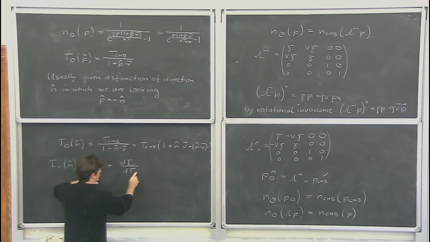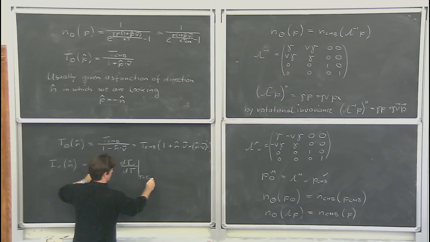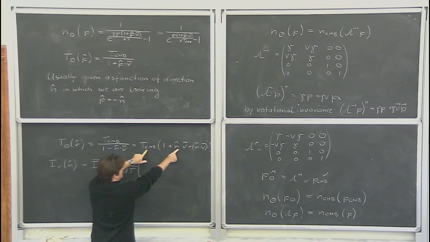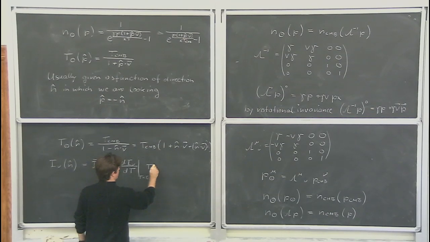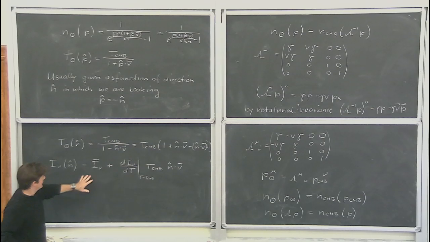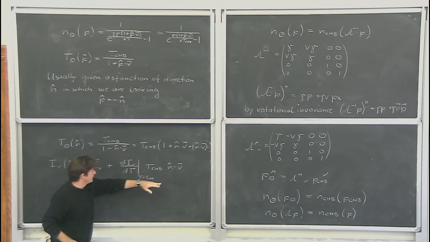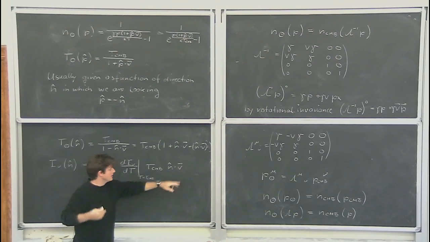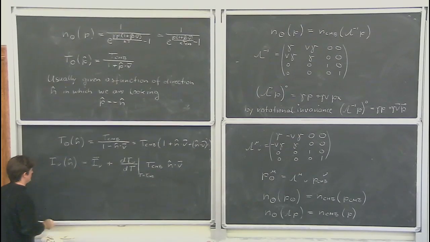So it's dI by dT evaluated where the temperature is equal to the CMB temperature, times delta T. But delta T, the perturbation in the temperature at this point, is just T CMB times n hat dot v. And so you see that, again, you have a dipole in this map where it's slightly hotter in the direction you're moving and slightly cooler in the direction you're moving away from.